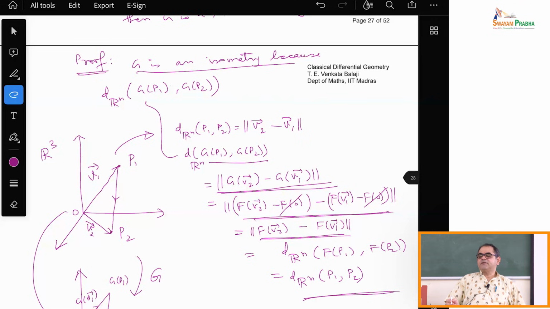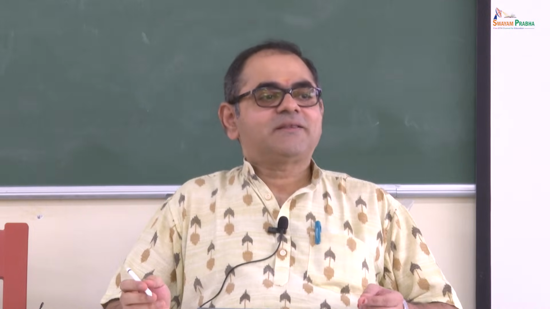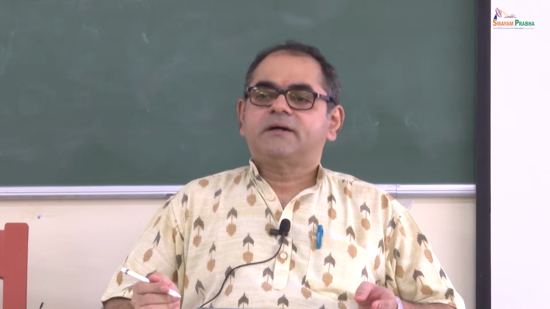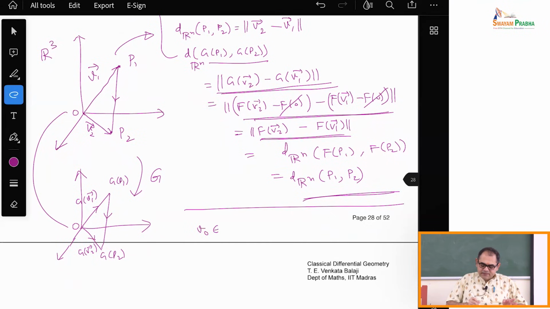See, another way of understanding this is that if this looks kind of too mathematically elaborate with a lot of notation, there is an easier way to look at this. You also have this idea of a translation. Okay, so if V naught is, let us say, a vector in Rn, I can define this T V naught, translation by V naught.